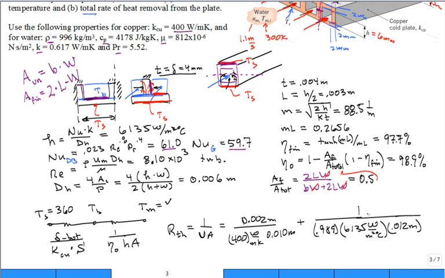When we calculate these, we'll get that the conduction resistance is 0.0005 degrees C per watt, and this one gives us 0.01345 degrees C per watt.